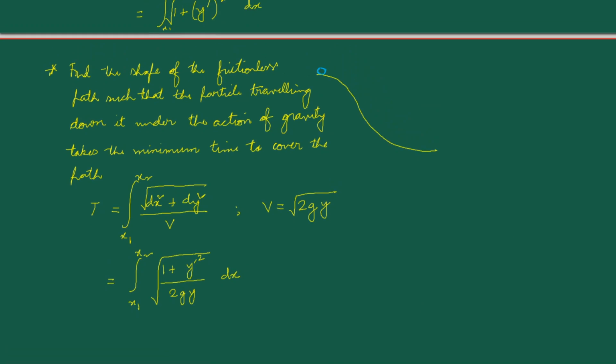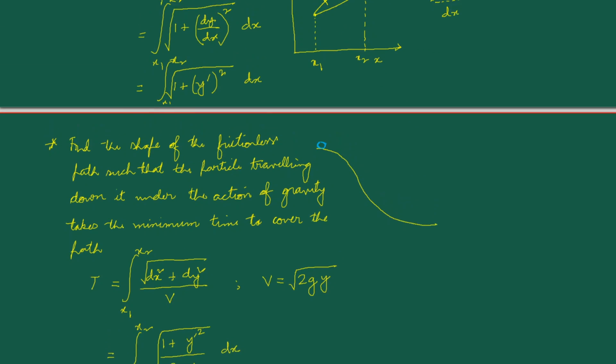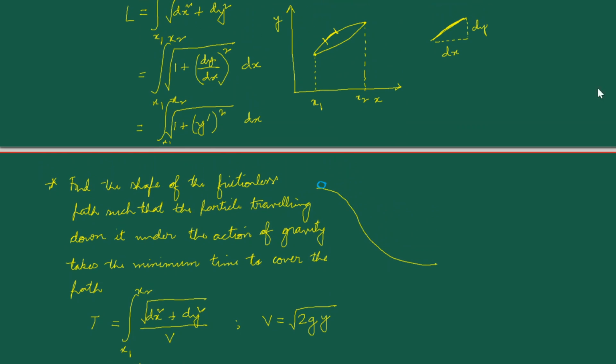Now, if you look at this previous example, where we are talking about the length of the curve between 2 points, this L is dependent directly on the first derivative of the curve under consideration. So if you think of it like a general integration, it is some function of y dash.